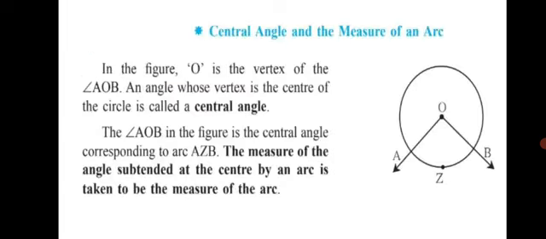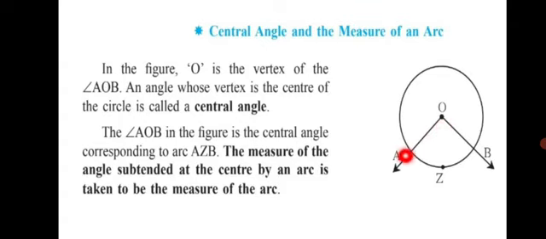Let's learn more about central angle and the measure of an arc. In the figure, O is the vertex of angle AOB. An angle whose vertex is the center of the circle is called a central angle.